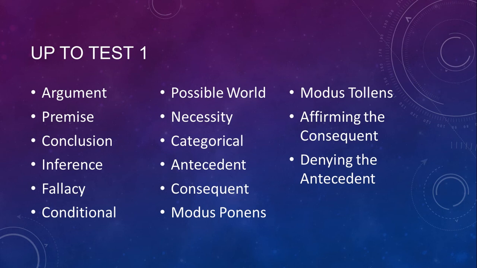That was the conditional version, and it's why these arguments are logically valid: if this is true and this is true, then the conclusion is necessarily true. There's no possible world in which if P then Q is true and not Q is true where P is true. In general, something is necessary if it's true in all possible worlds, or in all possible cases if you don't want to talk about worlds.